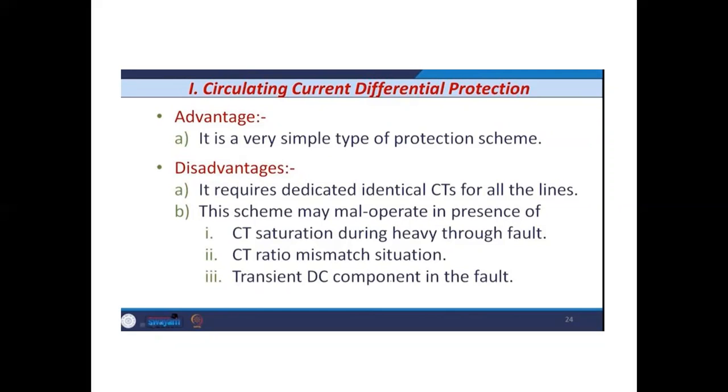It may also mal-operate because of CT saturation, which we have already discussed in our earlier class, in case of heavy fault, CT ratio mismatch, or if a transient or DC decaying component is present in the fault.